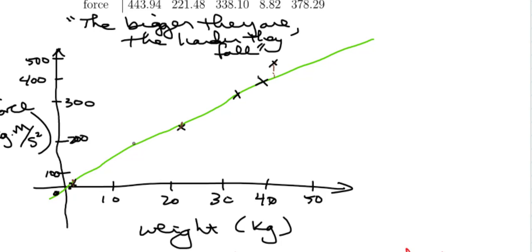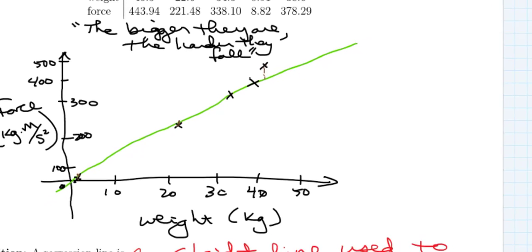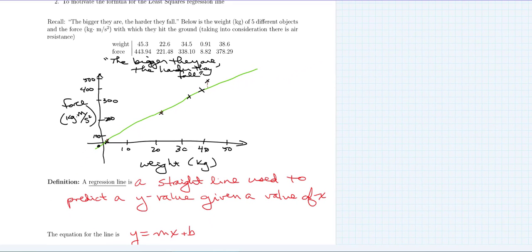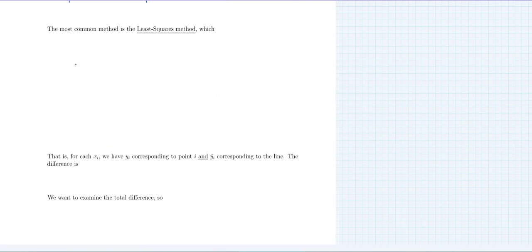So we see that this line might be minimizing these distances. We want these distances for every single point at the same time. We want these distances minimized, or as small as possible. And so the method that we're describing when we're talking about the vertical distances is the least squares method.